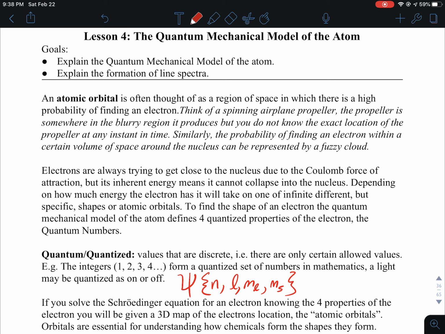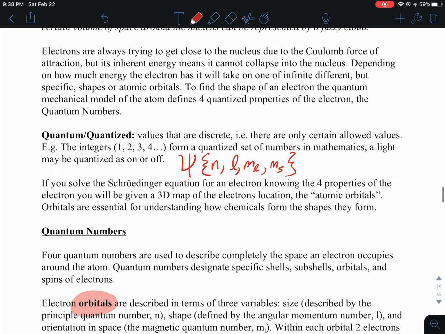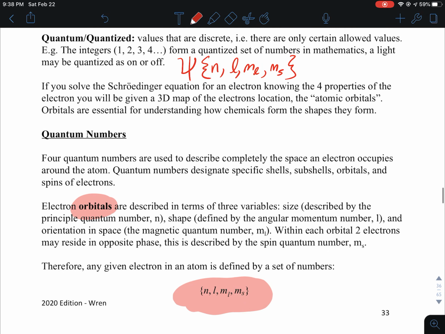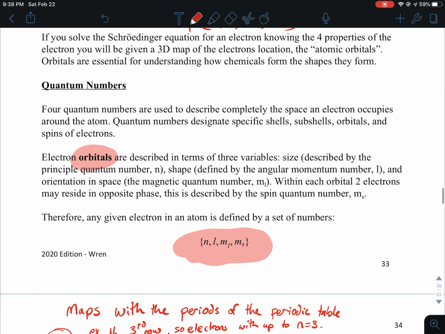We can know its energy, and from its energy we can guess that for that amount of energy the electron must be in this approximate space, and it'll be some sort of shape. Okay, so these are quantized. These use quantized values to best describe this energy, or the shape that could have a certain energy.